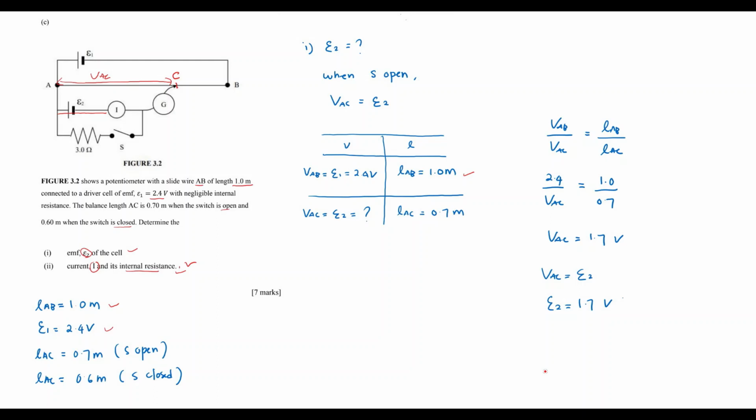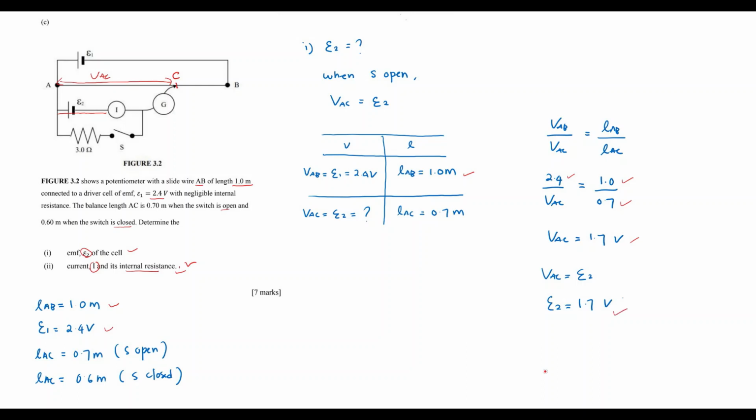So from the table, we know that VAB over VAC equal to LAB over LAC. So substitute VAB is 2.4 volt, LAB is 1 meter, and LAC is 0.7 meter. So calculate, we get VAC equal to 1.7 volt. We know that VAC equal to E2, so E2 equal to 1.7 volt.